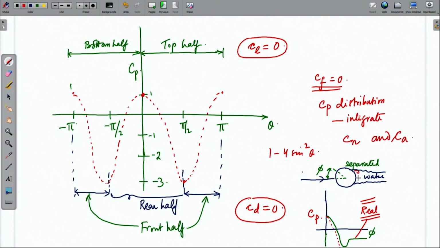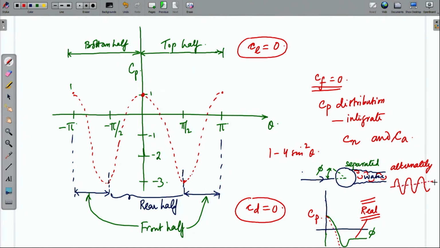Because very often these flows are unsteady. There is vortex shedding behind the cylinder. Vortex structures leave the surface of the body once flow separation takes place and move into the wake, and these shed alternately from the body, and thereby it produces undulations in the forces which act on the body. That is why we said time average forces.